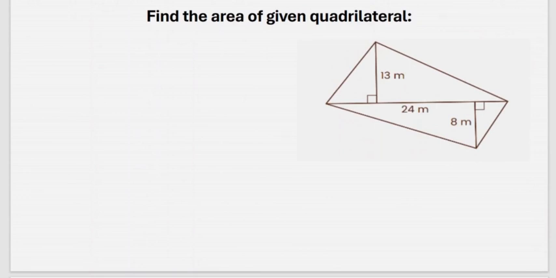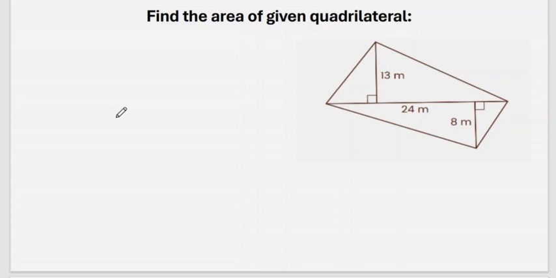Find the area of the given quadrilateral. Okay, see, this is a quadrilateral which is neither a parallelogram nor a trapezium. That means this is not a regular quadrilateral where you can apply any formula.